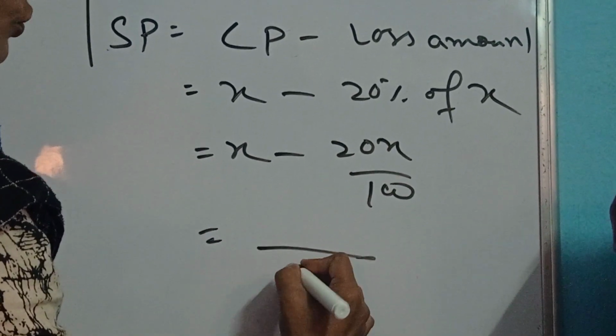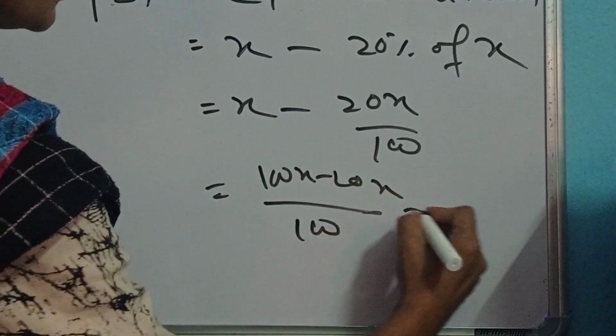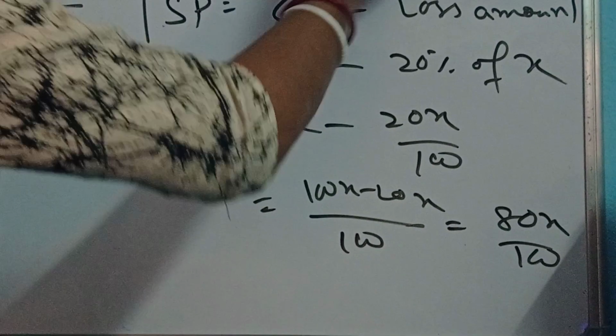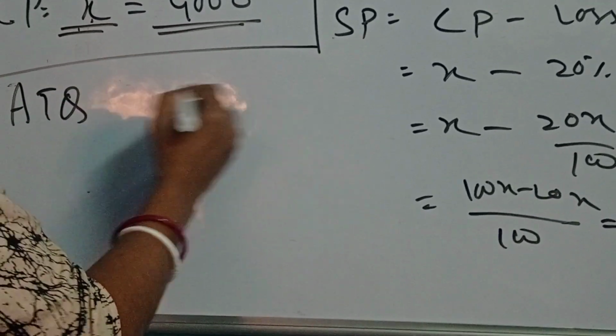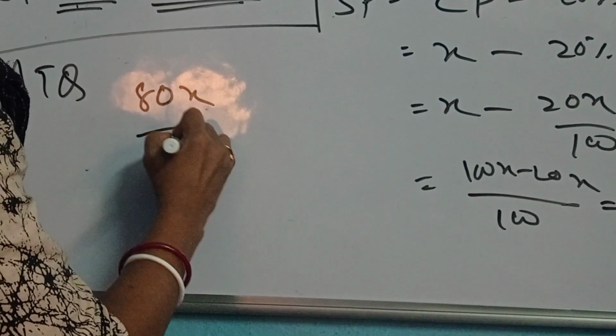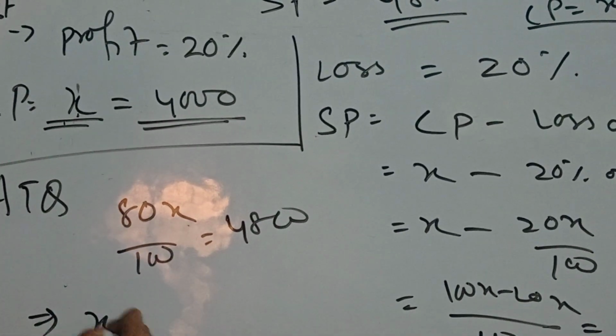By simplifying this, we get 100X minus 20X, so ultimately it is 80X by 100. This much you are getting. So as per the question, we can write that 80X by 100 is equal to 4800. So what will be the value of X?